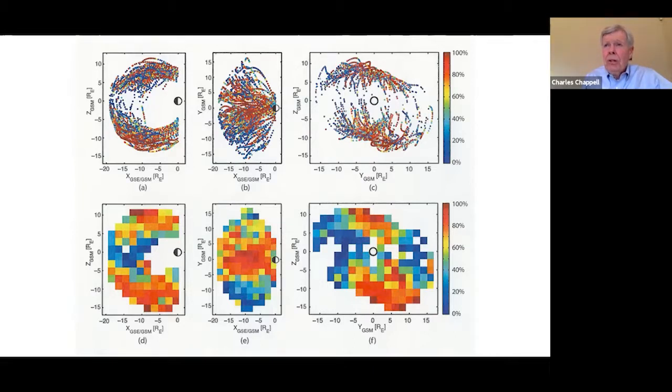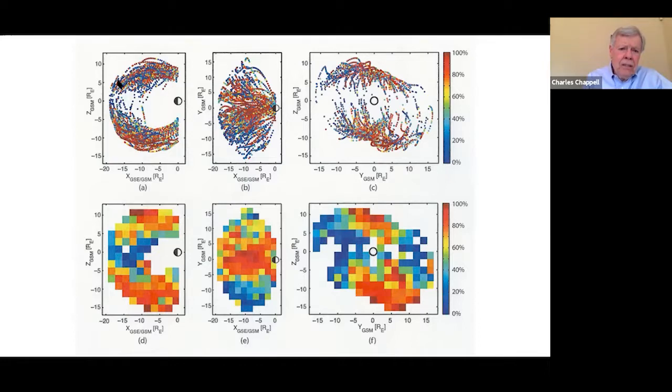The polar wind particles, the fluxes were what were predicted by the theory almost 20 years before. This just shows you for the Cluster spacecraft. And again, the scale here is 100% occurrence frequency, 100% red all the way down to 0 in blue. Look, the sun is to the right. This is Cluster going through the lobes and the plasma sheet here.